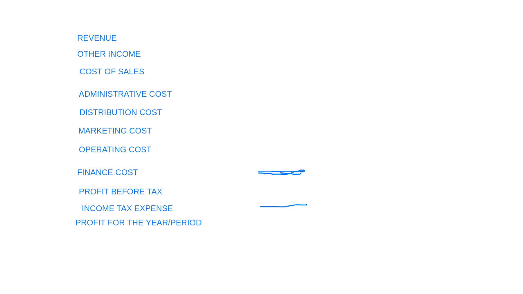So if we are using a two statement approach, we'll call this our statement of profit or loss. This is where it will end. Then we'll have a separate statement called our statement of other comprehensive income. But we are using the one statement approach, so this is just the first section.